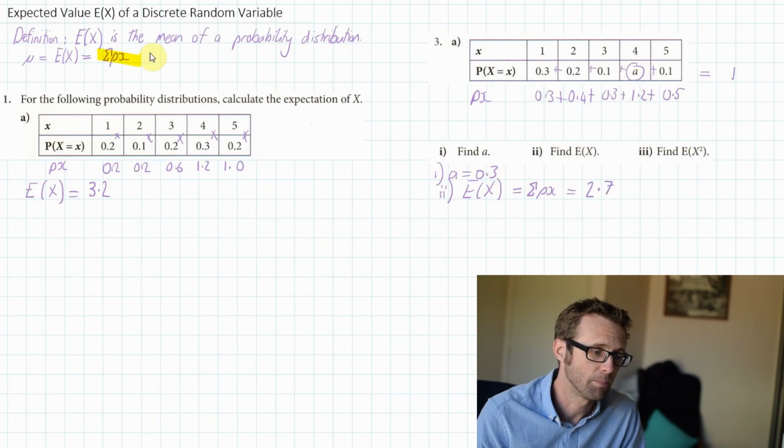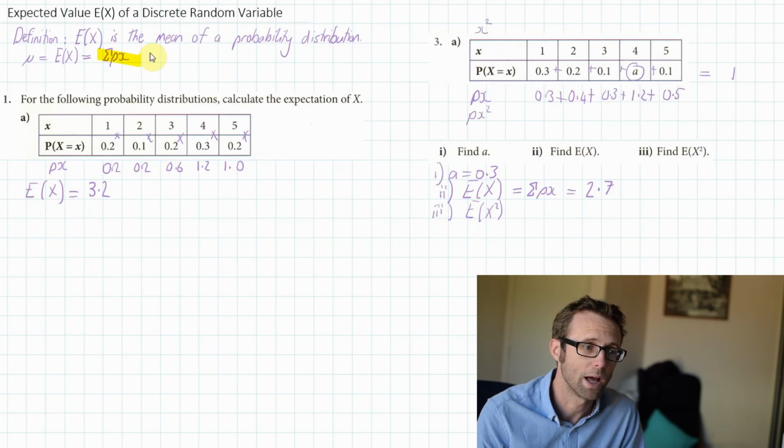My final question is, what is E(X squared)? For this, we need to find px squared. So I'm going to just add a couple of rows here. I'm going to put my x squared values on the top here.